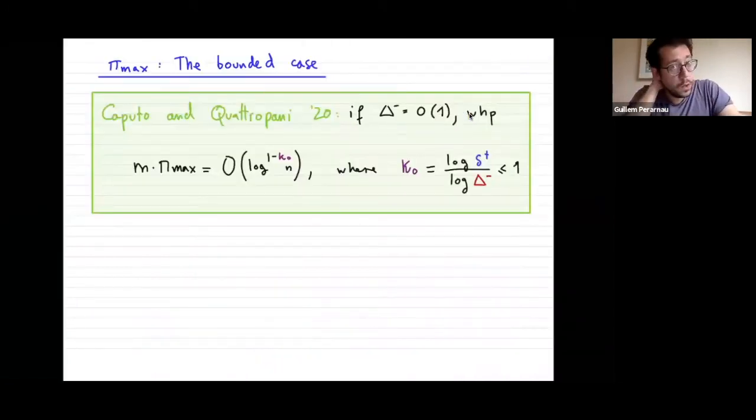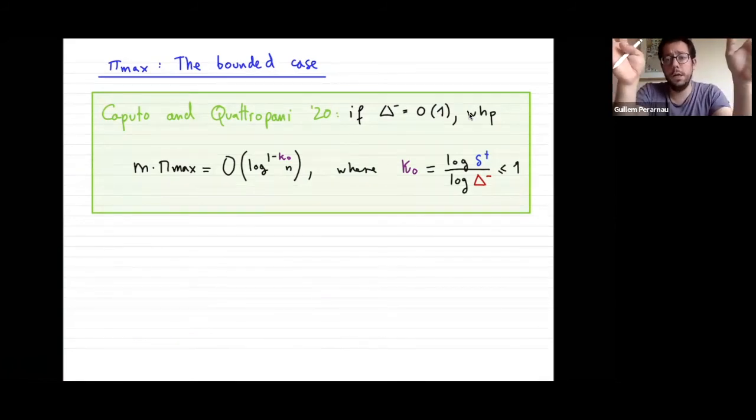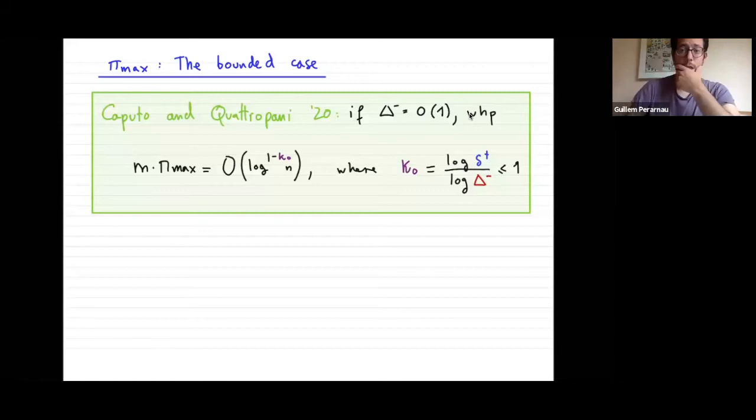So Pietro and Matteo already looked at pi max in their paper, but they were restricting to a case where you have bounded degrees. We also have bounded out degree, but we want to allow a more general in degree distribution. In their case, they were really looking at a maximum in degree that is constant, that doesn't depend on n. And what they prove is the following.